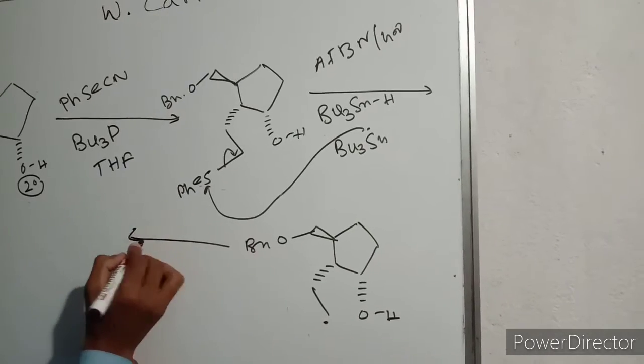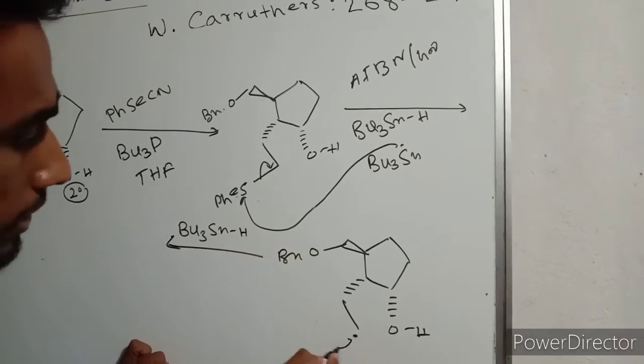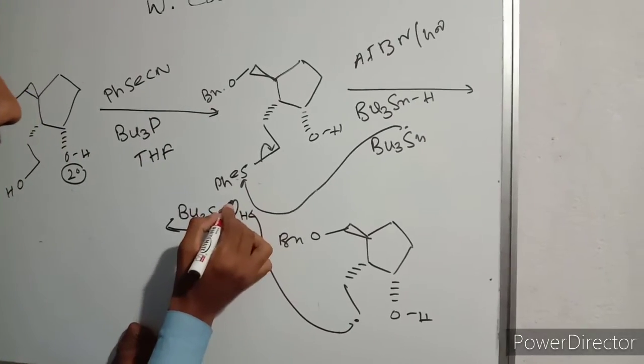Then another tributyl tin hydride is present, this radical abstracts hydrogen, and ultimately we get the alkane.